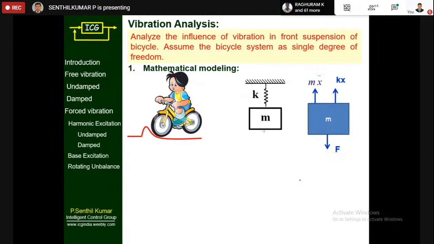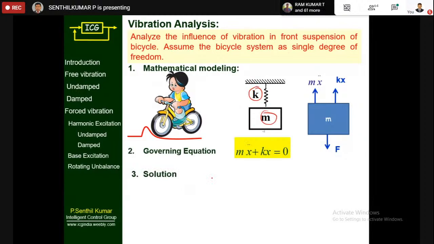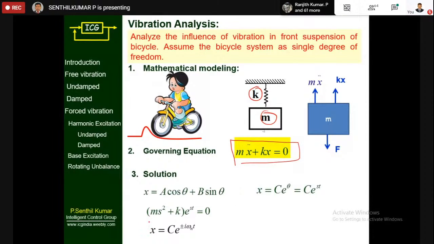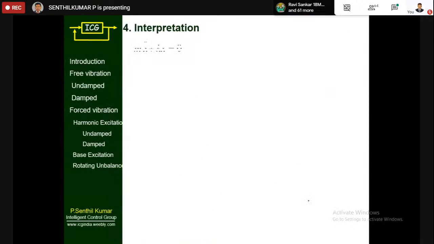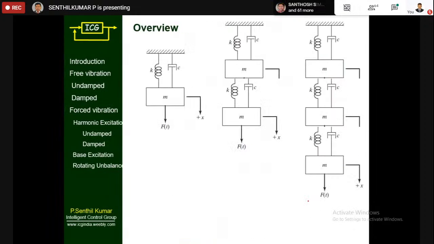What is the simple example for vibration? Spring and mass. How do you derive the equation? This is the equation: m x double dot plus k x equals 0. This is the solution. Maybe we will go to the derivation later.